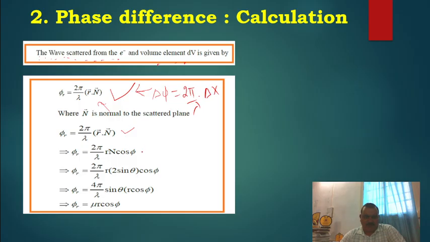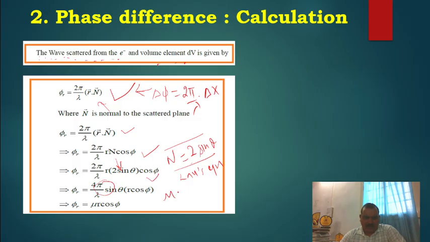This is r n, with phi the angle between r and n: 2 pi by lambda, r n cos phi. And we also find that n equals 2 sin theta. We have knowledge about this from the Laue equations. So putting the value of n here, I have 4 pi by lambda sin theta, and r cos phi.